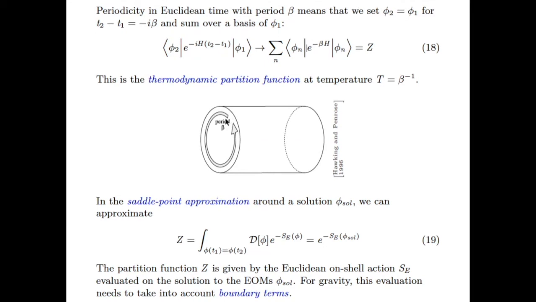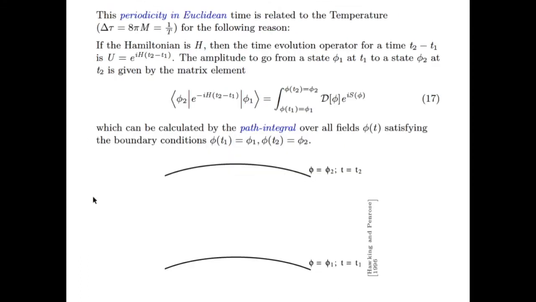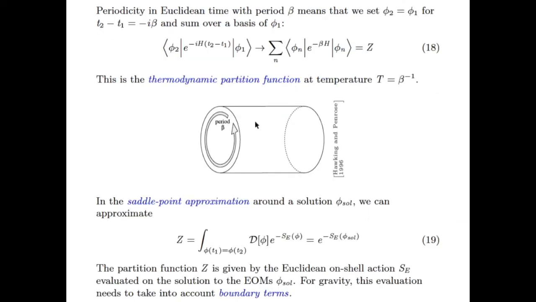So essentially we take these two surfaces, the initial time surface and the final time surface, and we glue them together because of the periodicity of time in Euclidean space, and we get this circle. And because we glue them together, we need to make sure that the boundary conditions are adequate to that. So for the gluing to work, this field configuration needs to be the same at the initial and the final time.